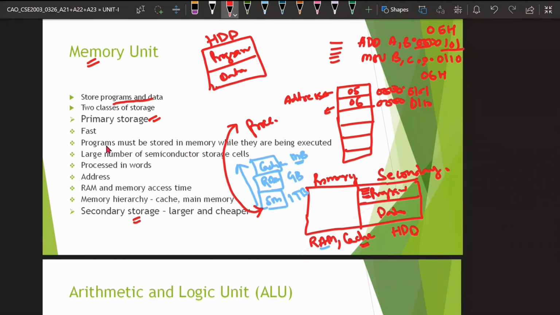So if a particular program needs to be executed, it should be stored into the primary storage memory. Initially, it would be in the hard disk. When it is going to be executed, it should be stored into the RAM, and then from RAM to cache. Then it will be executed by the processor by transferring it into the register. Even beyond this, there are registers inside the processor.